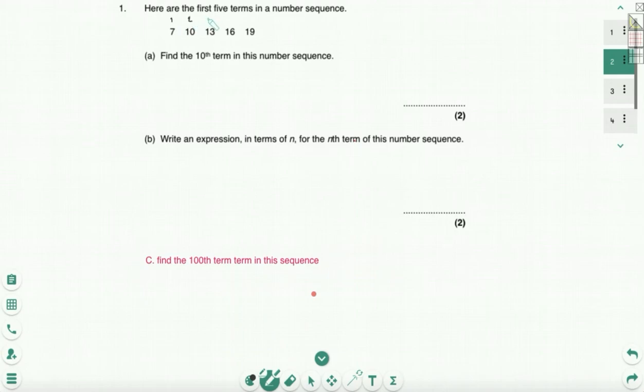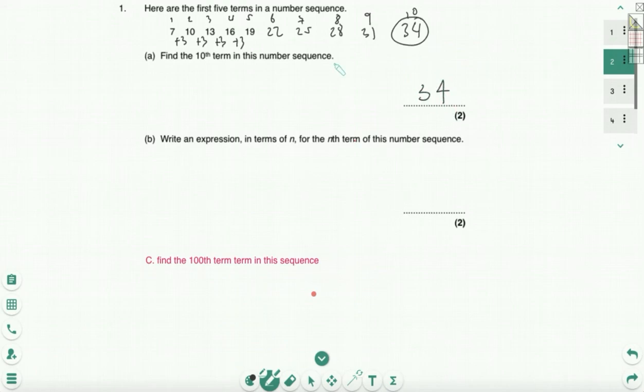And I notice we're adding 3 every single time, so it's an arithmetic sequence. So let's just keep adding 3 until we get to the 10th term. The 6th term is 22. The 7th term is 25. The 8th term is 28. The 9th term is 31. And the 10th number of the sequence is 34. And that's our answer.